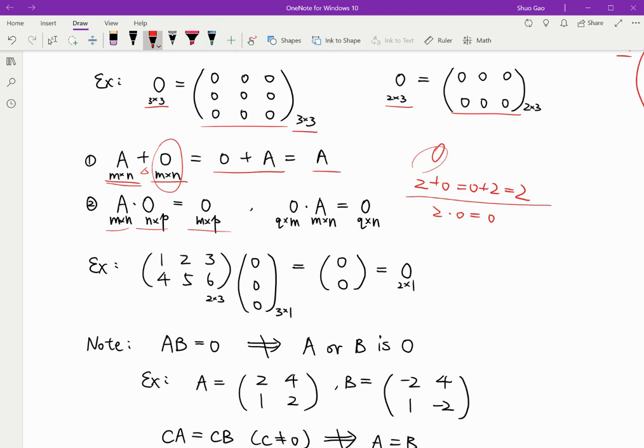But pay attention that here, the null matrices have different dimensions, right? Just like the identity matrix we talked about before. So if A is n by n, then the conformable null matrix to do multiplication is of dimension n by something, right? Because we have to keep the two numbers here the same. So let's say it's n by p.